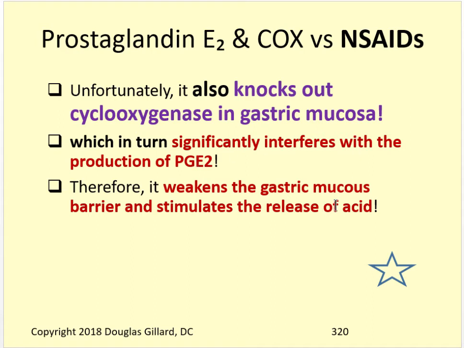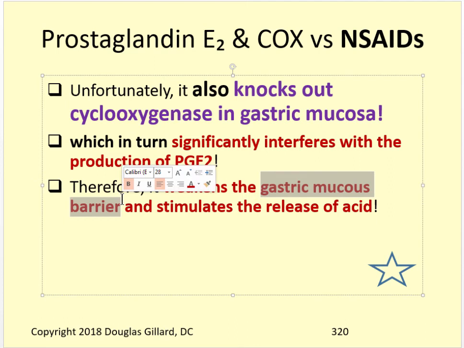Therefore, it weakens the gastric mucosal barrier, and it's going to stimulate the release of acids as well. Part of the ECL cells, I don't think we talked about that, but bottom line is if you knock out cyclooxygenase in the stomach, you're also knocking out the gastric mucosal barrier.